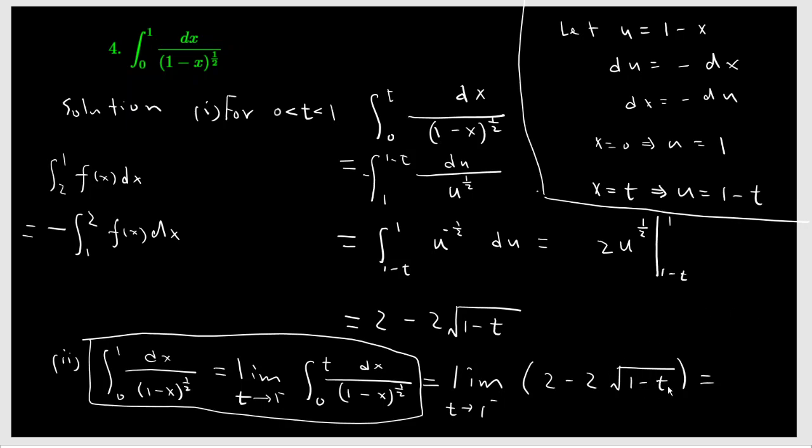Square root of 1 minus 1 is equal to 0, so the final answer, I believe, is 2. So we say the given integral converges to 2. Right?